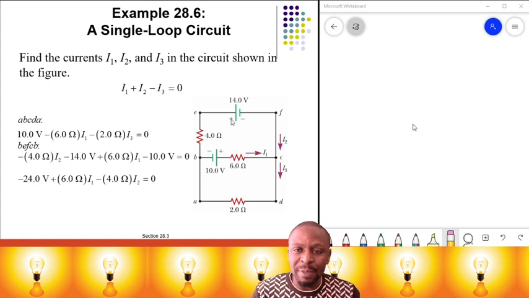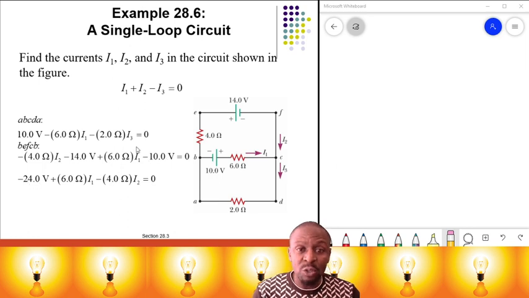And then when I am moving from the higher terminal to the lower terminal, I'm just going to have minus 14 volts. Plus, in this case, I'm just going to have plus because the current I1 is going in this direction and I'm moving in this direction. Now it will be plus 6.0 times I1. And then when I am here moving from higher to lower, that will be minus 10 volts. Now 14 minus 10 is just going to give me minus 24.